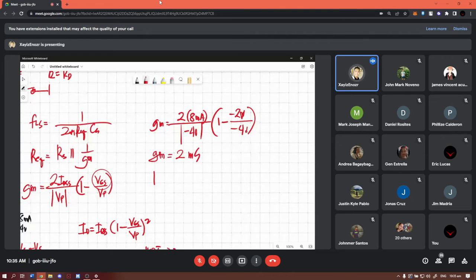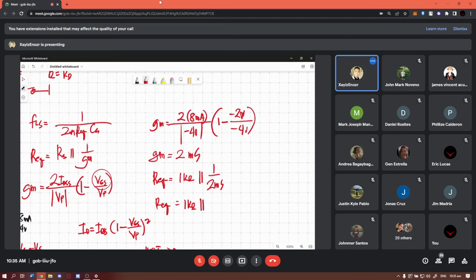So R equivalent is equal to our RS, which is 1 kilo ohm, parallel with 1 over 2 mS. So R equivalent is 1K parallel with, how much is 1 over 2 millisiemens?